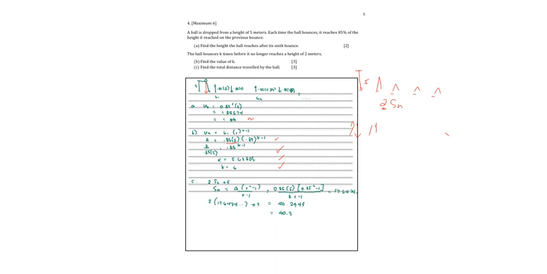So first we solve for the formula of s sub n. Using this formula and substituting, we get this, and then we substitute for s sub n, then plus 5. So in total, the ball traveled 40.3 meters.